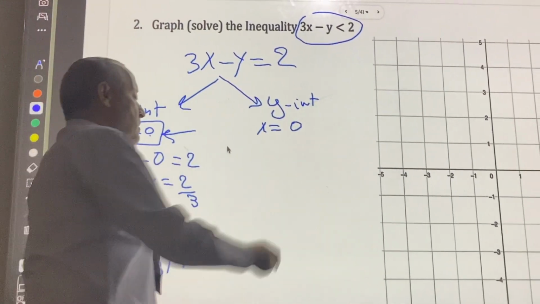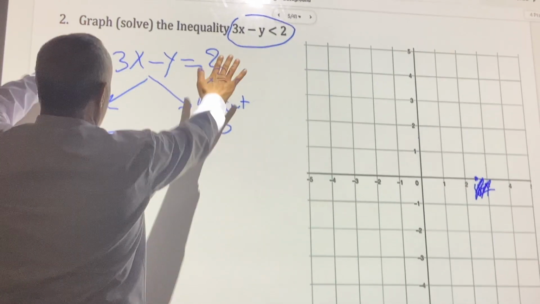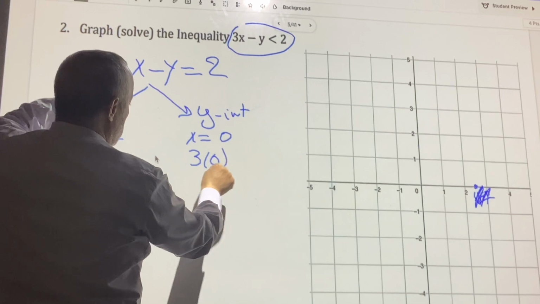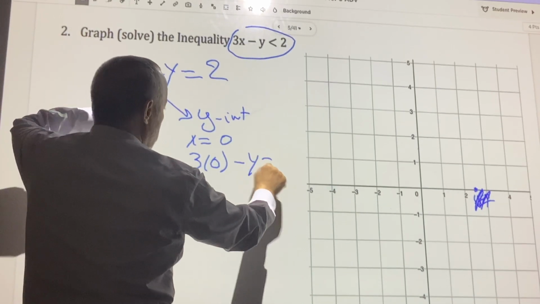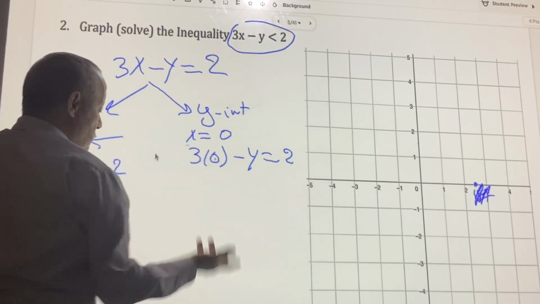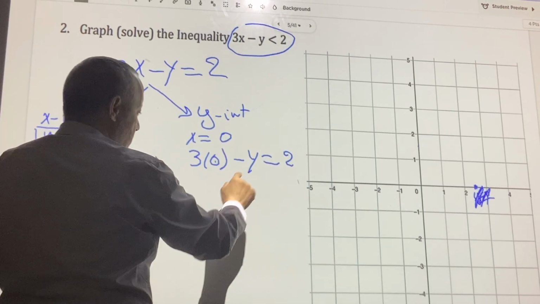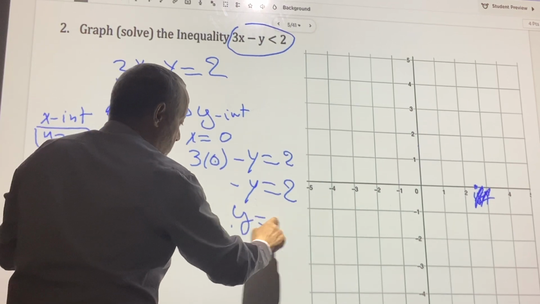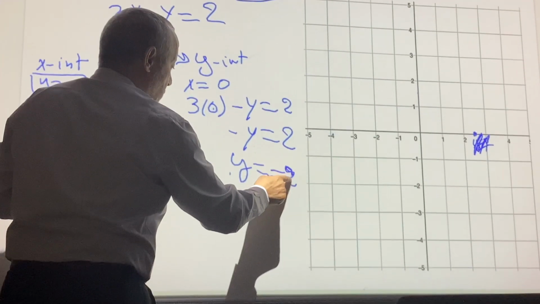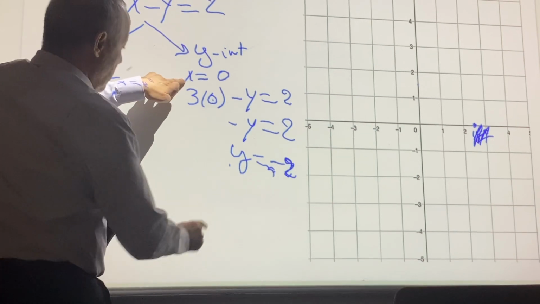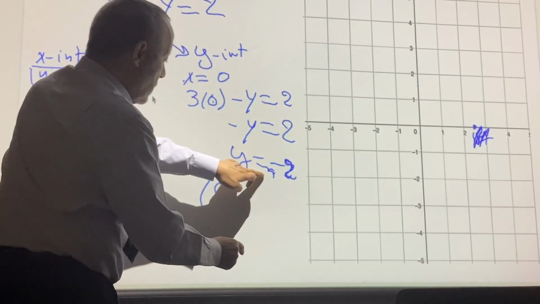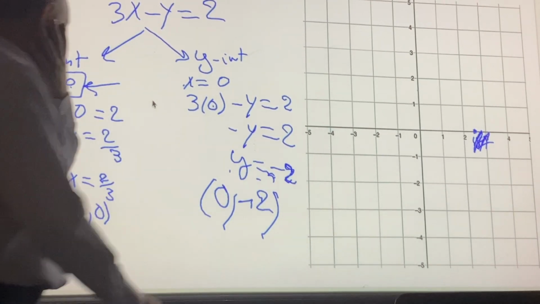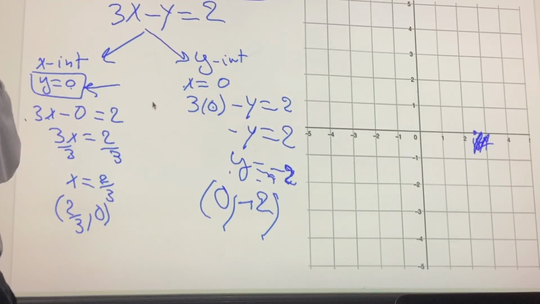Now we find the y-intercept. When x equals 0, we take the equation 3 times 0 minus y equals 2. 3 times 0 is 0, so this disappears. We get only minus y equals 2. This gives you y equals negative 2. So your point is x 0 and y negative 2. Let's plot these 2 points and we see that we get the same line.